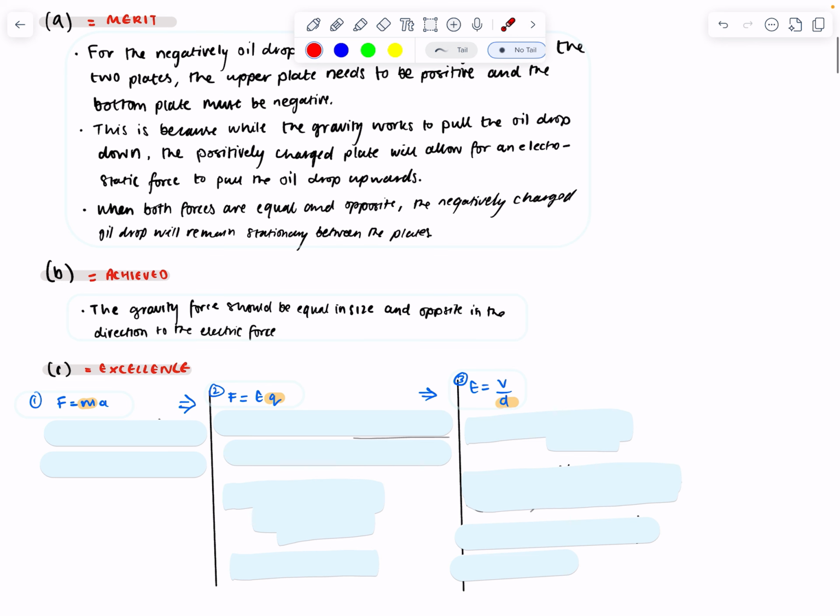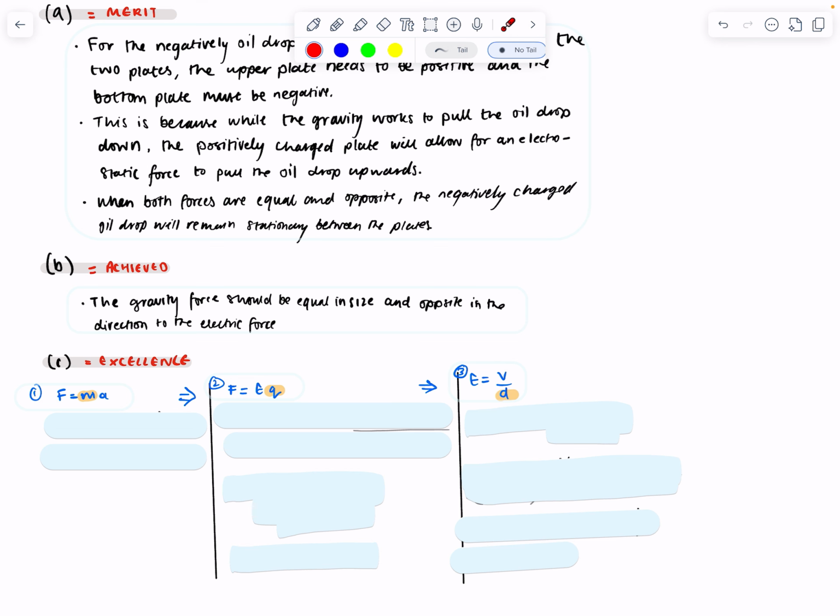So you kind of have to go on a little bit of a rabbit hole, find out what you have, find out what you don't have, and then use the appropriate equations to get the answer you need. So first things first, let's work out the weight force of the oil drop downwards.